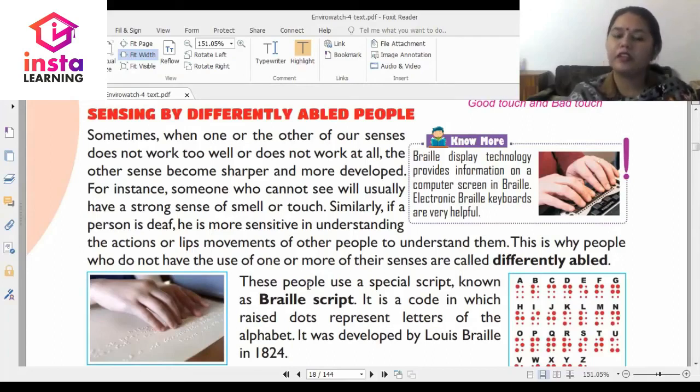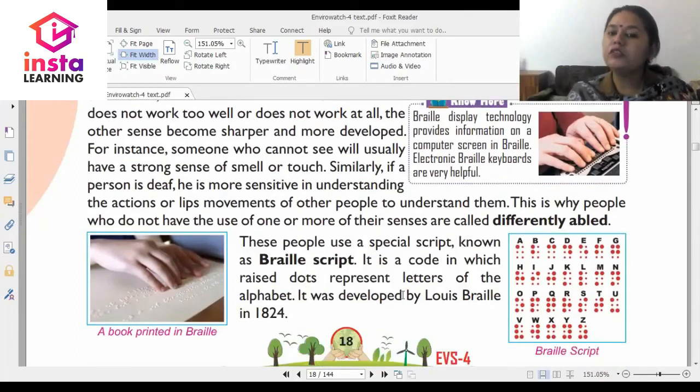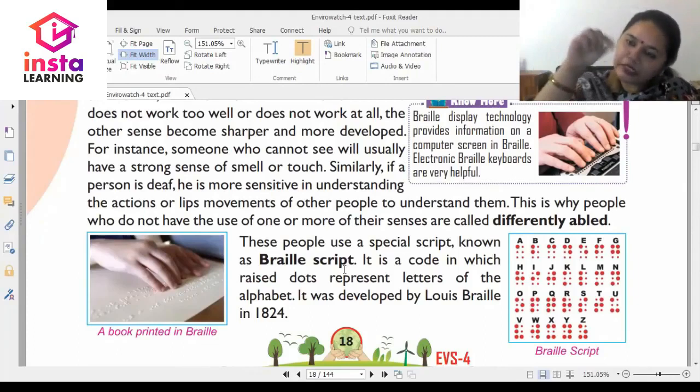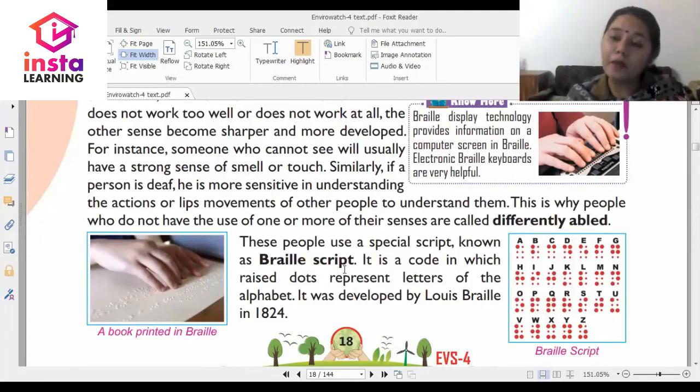These people use a special script known as the Braille script. To explain it in very simple words, this Braille script was developed for people who are blind. It is in a dotted form, and the dots denote different alphabets.